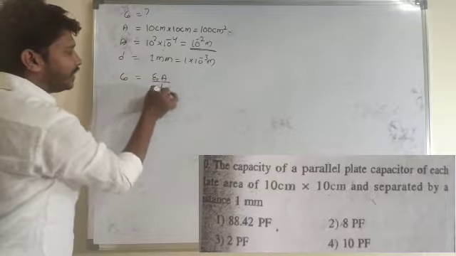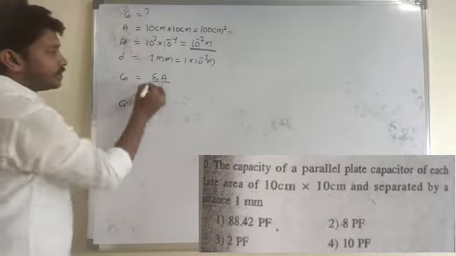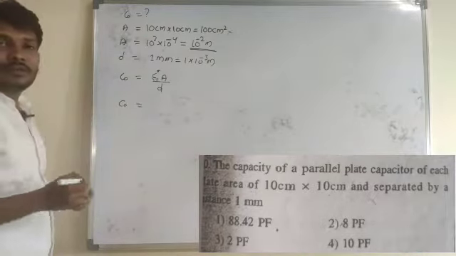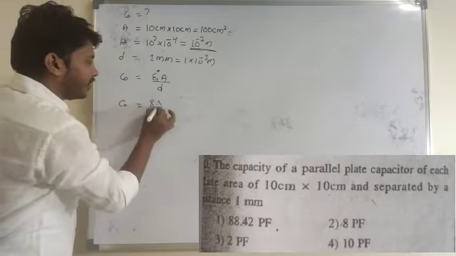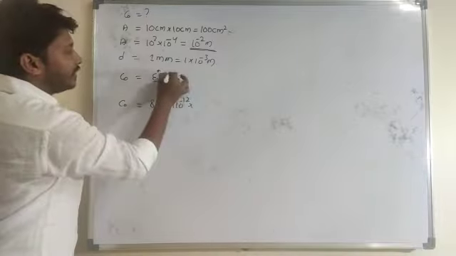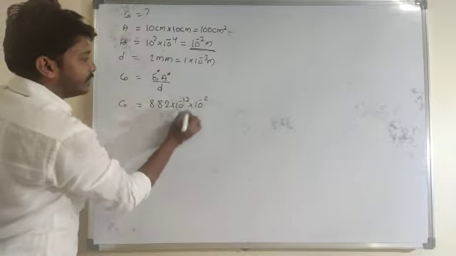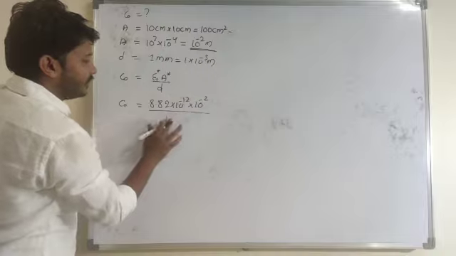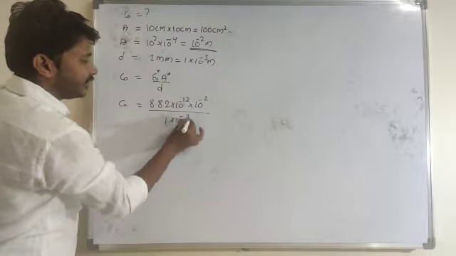Epsilon naught into A divided by D here. Epsilon naught is the permittivity of free space; in the first chapter I got that value as 8.85 into 10 to the power of minus 12, where the area is 10 to the power of minus 2 and the distance is 10 to the power of minus 3.